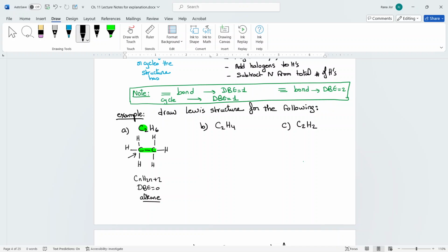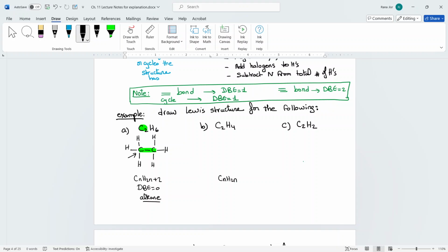Now, C2H4, and this is the importance of relating the molecular formula in order to draw the Lewis structure, because C2H4 follows the CnH2n molecular formula.